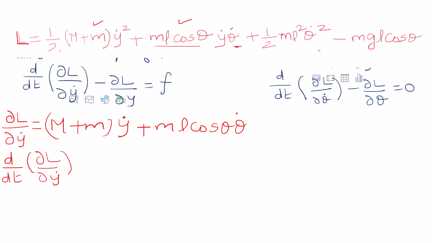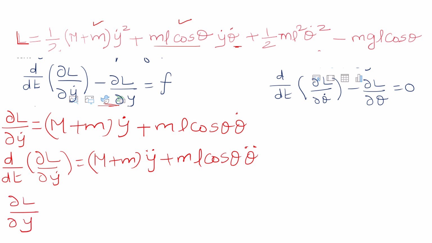So that would be (M plus m) y double dot plus ml cos theta theta double dot, right? Next, we also want to determine the minus dou L by dou y. As you see here, there is no term in the Lagrangian that contains y. So simply dou L by dou y will be equal to 0.